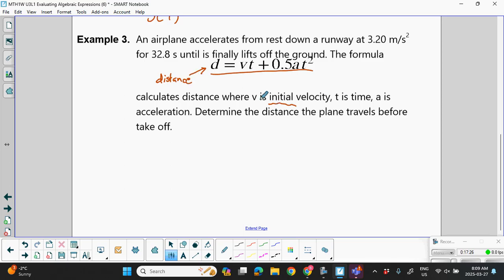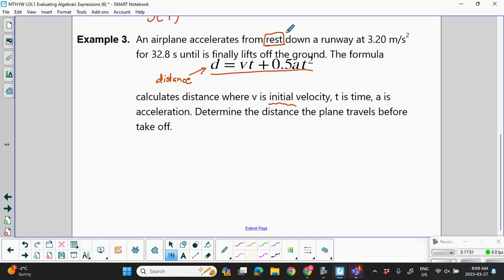Now, v is the initial velocity, that means the starting velocity. What speed am I starting at? Well, it says an airplane accelerates from rest. That means my v in this case is going to equal 0, because I have no speed at the very beginning.